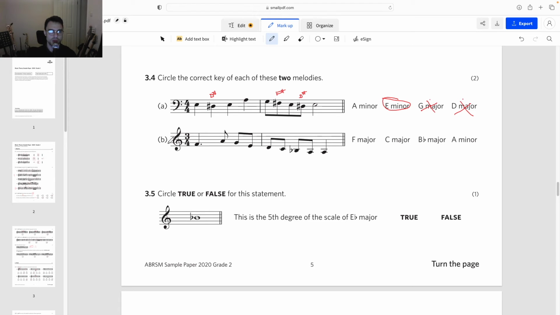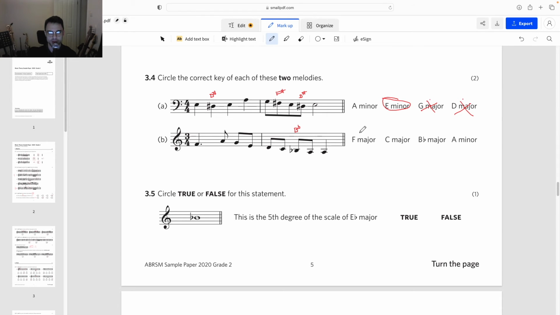Okay, question B. We're in the treble clef now. What are our options? F major, C major, B flat major, or A minor? All right, let's just go in and have a look at the notes and see where the accidentals are. There's a B flat there. So which keys have B flat in them?